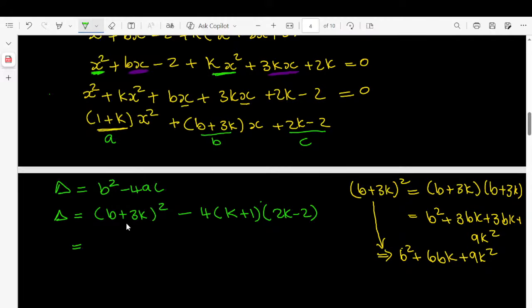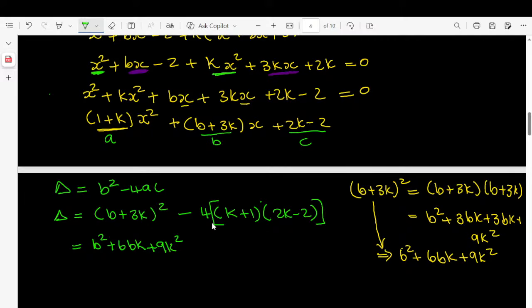We're going to get that answer that they are looking for. So this we know is b squared plus 6bk, then we add 9k squared.